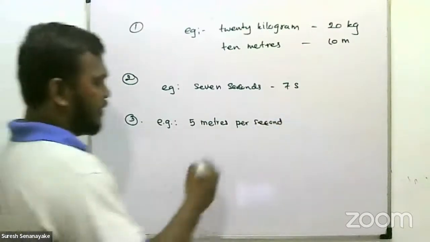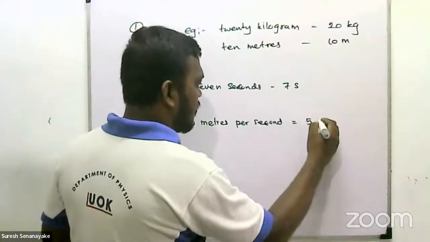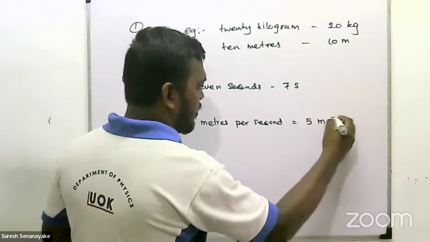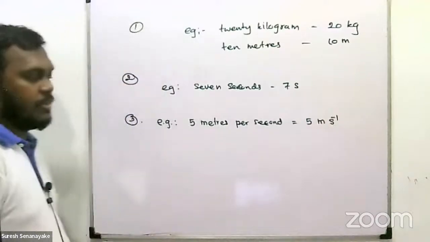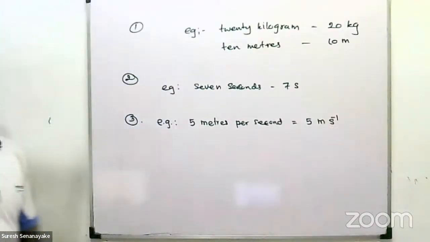Example: write 5 meters per second as 5 meter per second. There should be a gap between meter and second, and second per second.